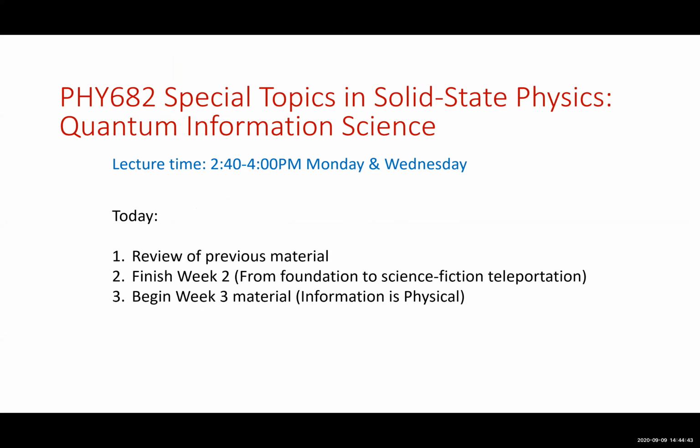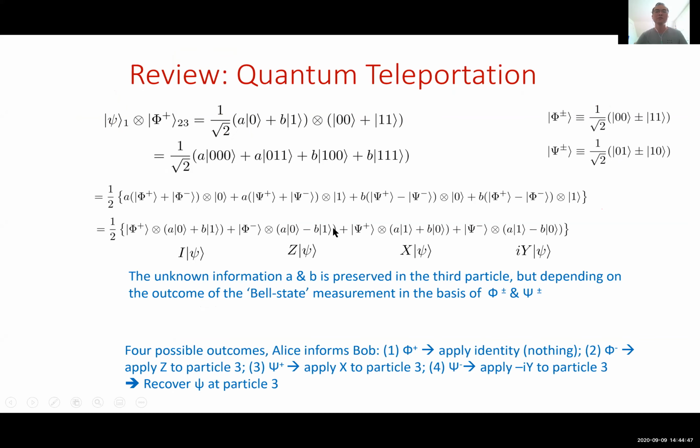Yes, yes. Okay. Let's see, yeah, so we were here. So you want to teleport this state to B side. So 2 and 3 are particles that has this Bell pair entanglement.